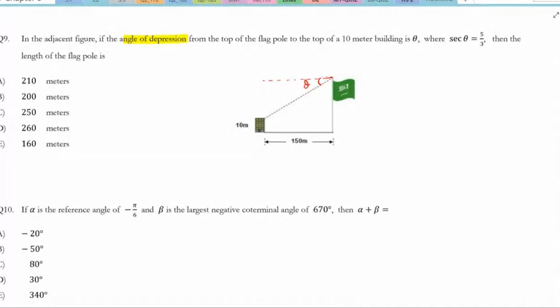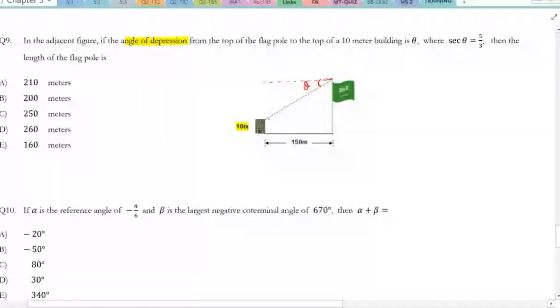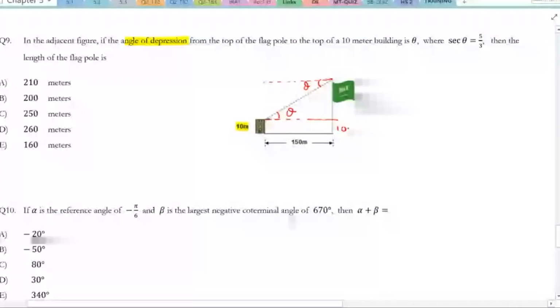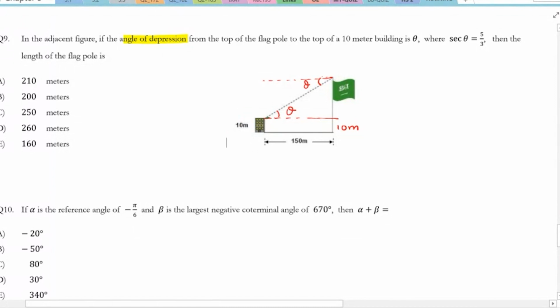Now you can see that this building is 10 meters long. So here, let me draw another horizontal line. So the two lines are parallel, so lazim, this is also going to be theta. Now, the distance from here to here is also going to be 10 meters because the height of this small building is 10 meters.